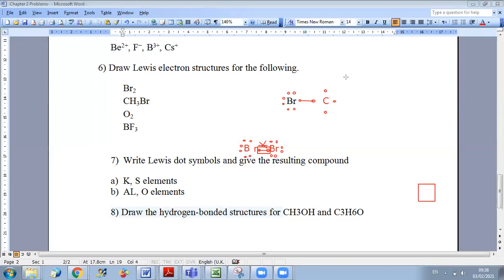So we have here H, H, and H. In this way, if we count the number for each atom, we will see that it satisfies the equilibrium state. Because each H atom will have on its outer orbit 2 electrons, which is equal to the full set because it just has 1 orbit.